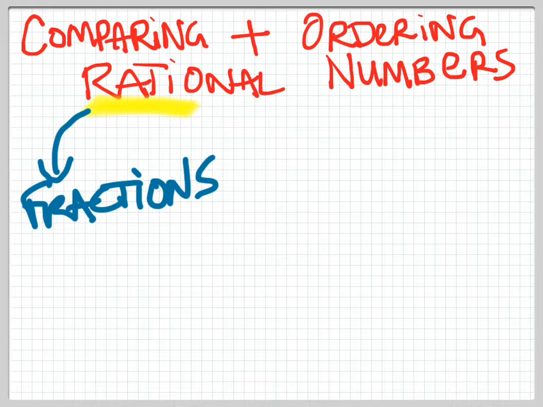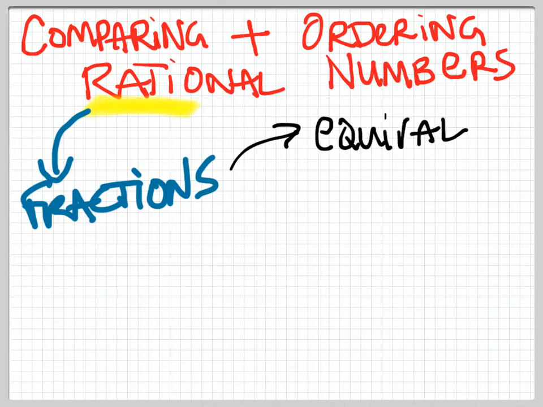One thing we also talked about was how certain fractions can be equivalent fractions. When we talk about equivalent fractions, we're talking about fractions that are equal to each other, that have the same value.